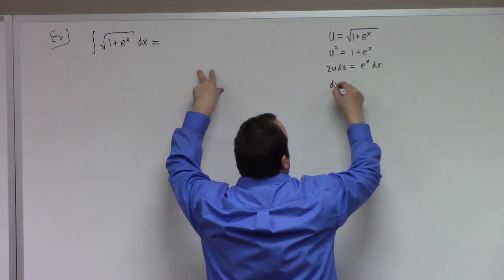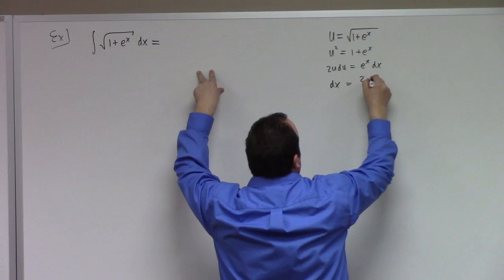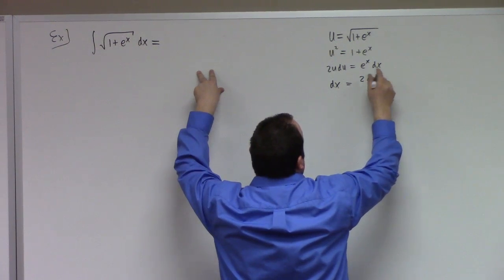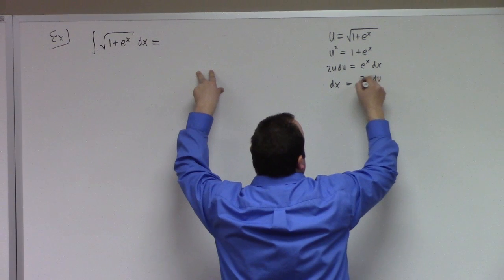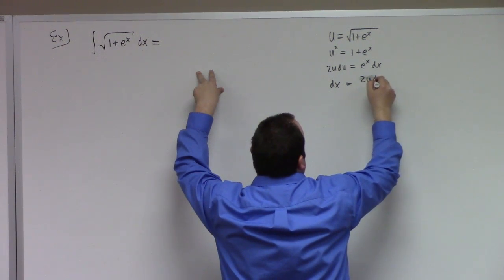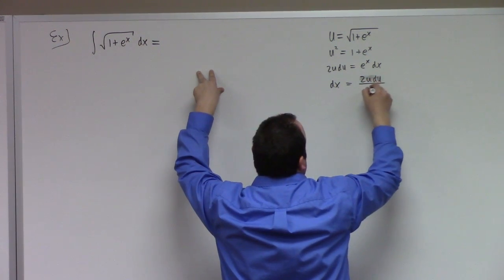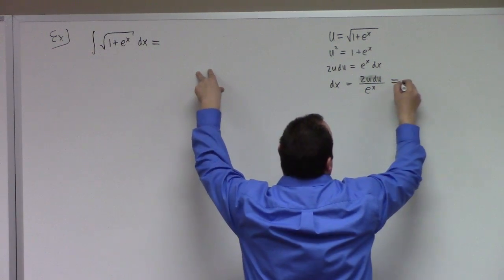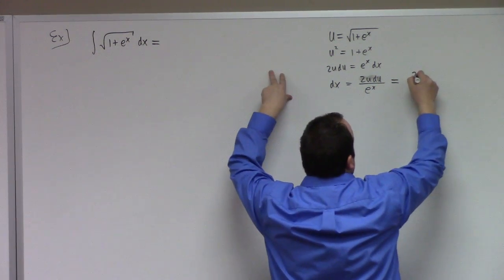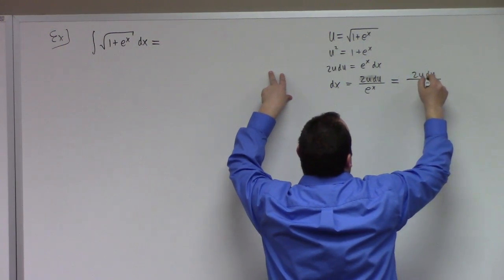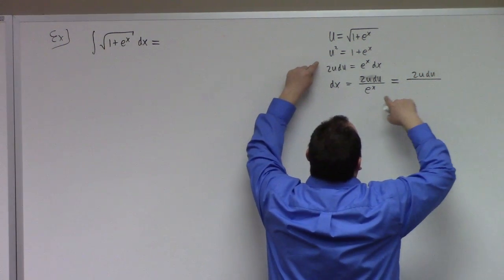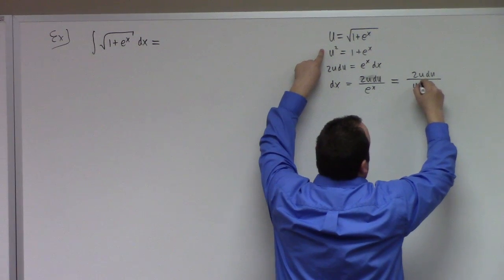This gives us dx is equal to 2u du divided by e to the x, which is what? No need for logs here. e to the x is u squared minus 1, right?